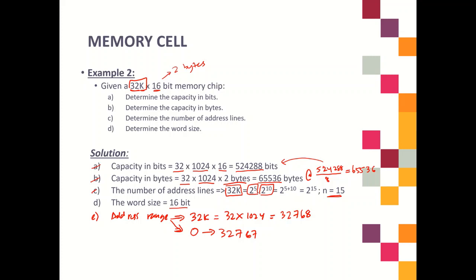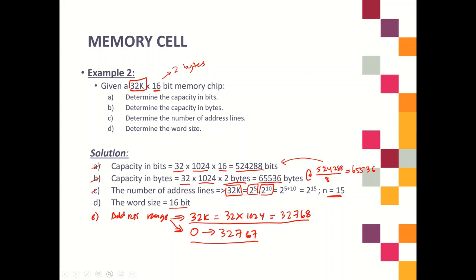First step, you need to find the total memory locations by using this method, and then you can find the address range. The smallest address is 0 and the largest address is 32767. So this is maybe one of the questions that can be asked.